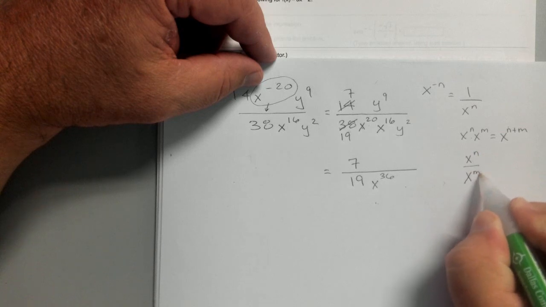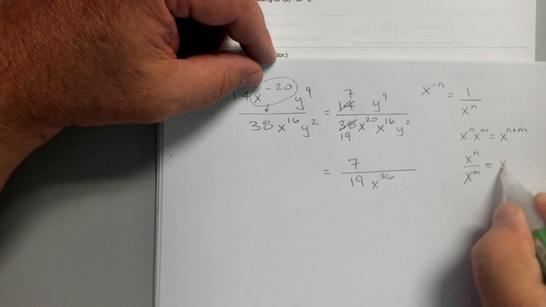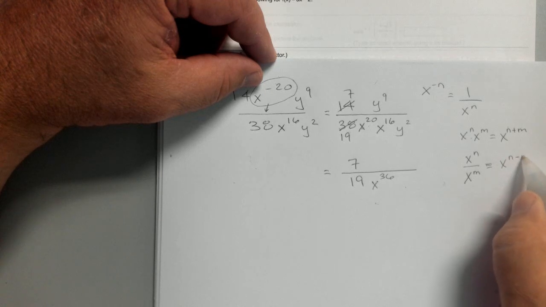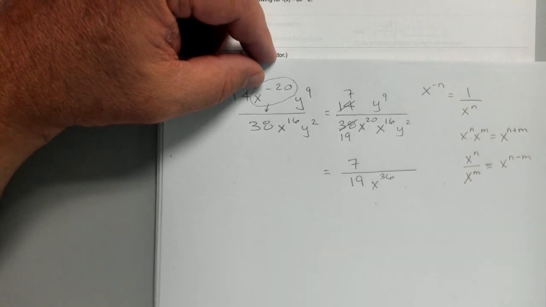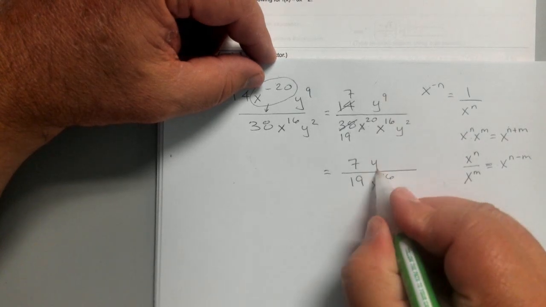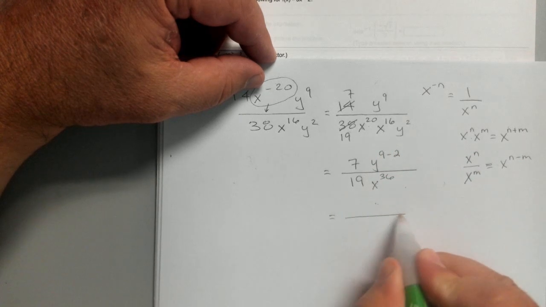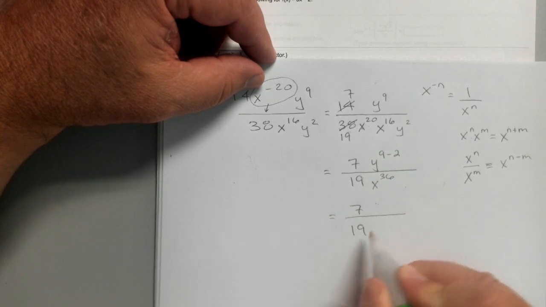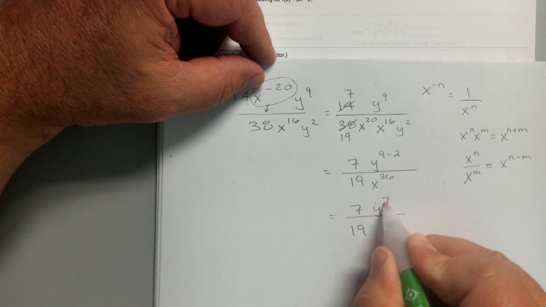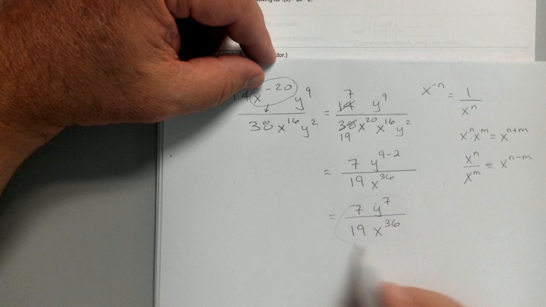If you have same bases top and bottom, then you take the larger minus the smaller. Since the larger is on top, we subtract them from on top. 9 minus 2. So your final answer, y to the 7th x over 36.